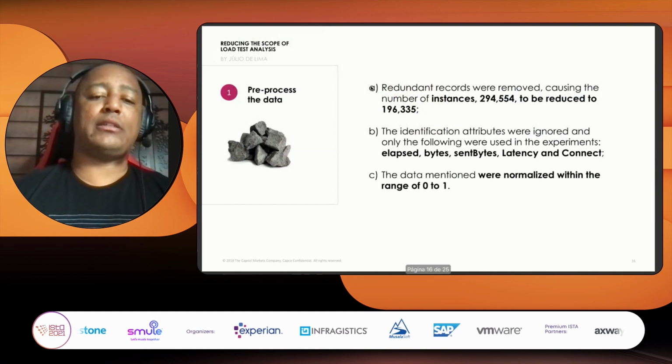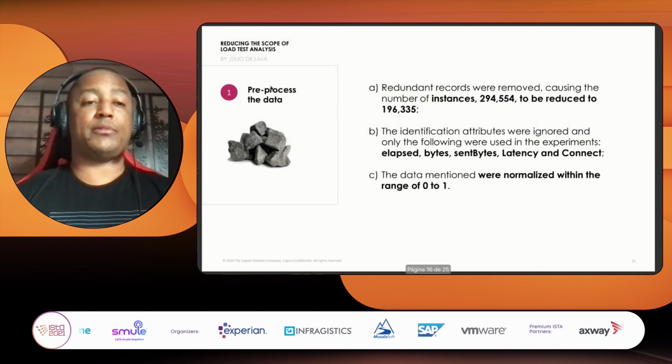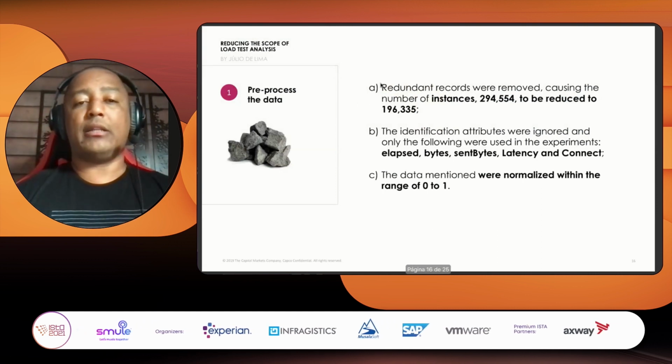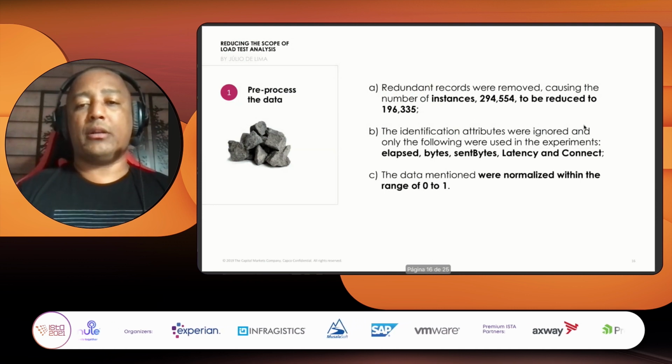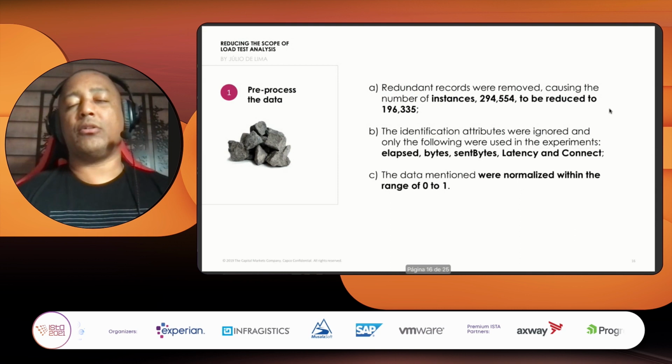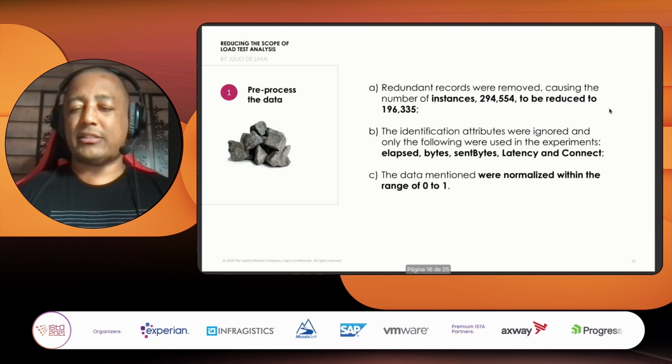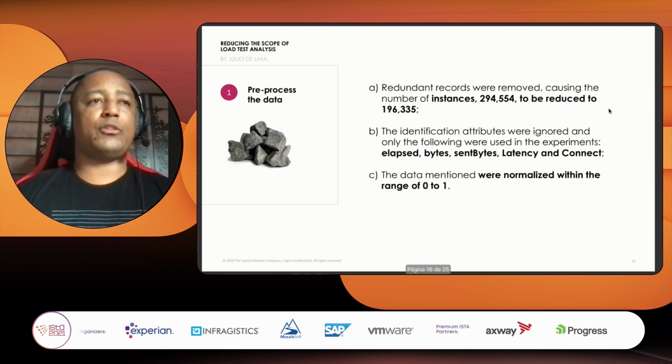Okay, what I did in each of these steps. Pre-process data: what I did was first, JMeter, when you use JMeter, sorry, let's go back and restate this to be clearer.